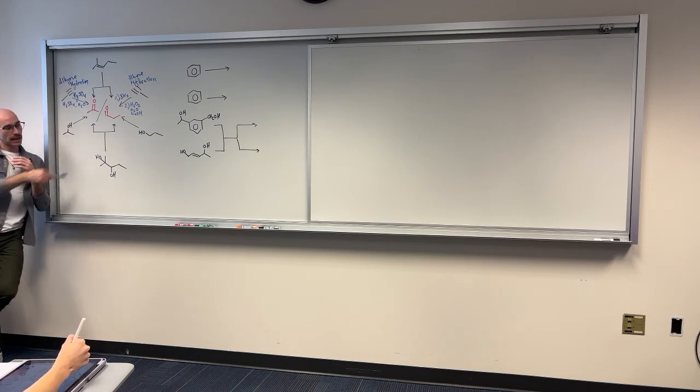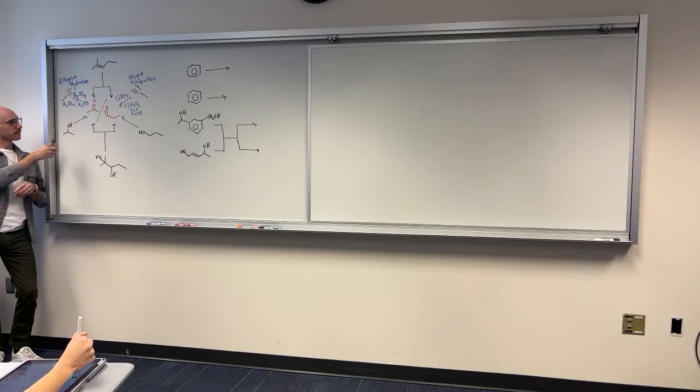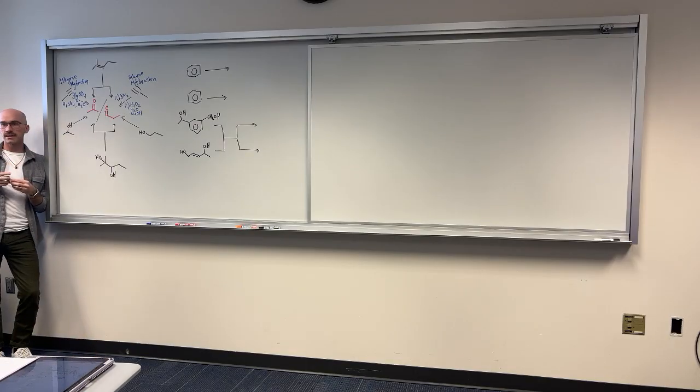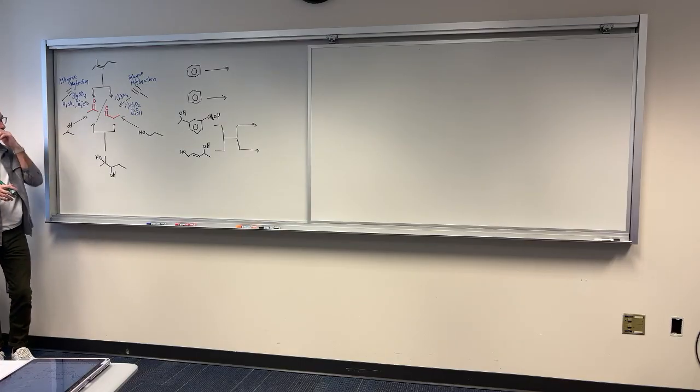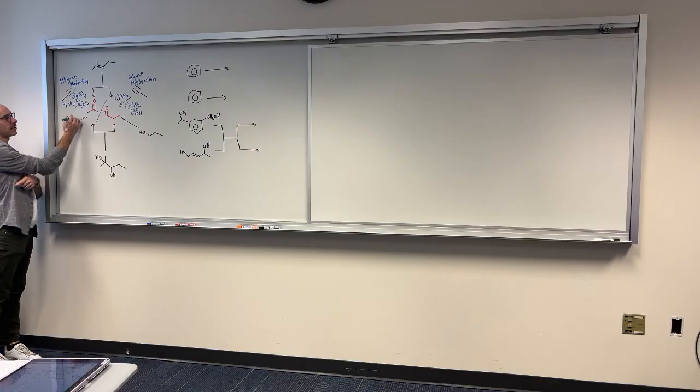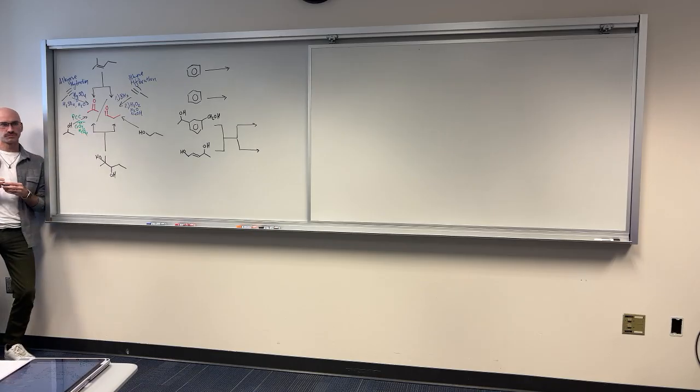Now I can look at my oxidations. Oxidizing the secondary alcohol to the ketone, there are two reagents that I can use. Also, if this were allylic, there would be another reagent as well. But I can use PCC, a mild oxidizing agent, or I can use chromic acid, a strong oxidizing agent.